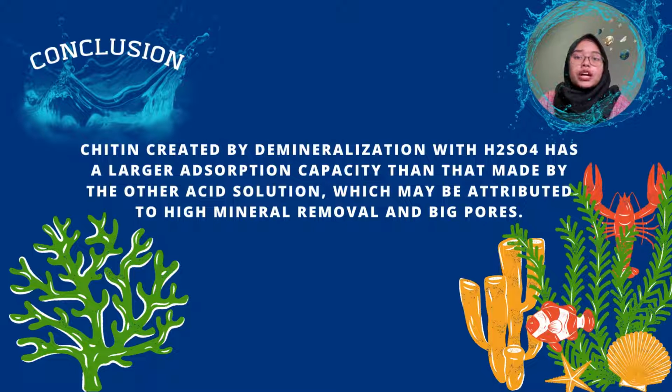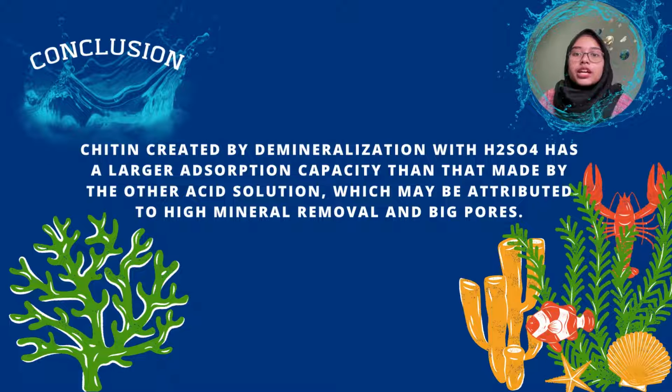The adsorption of RBBR onto the chitin surface demonstrated that increasing the initial dye concentration resulted in a decrease in dye removal percentage and an increase in adsorption capacity, which is connected to the driving force between adsorbate and adsorbent. The Freundlich adsorption isotherm was discovered to accurately describe the adsorption of RBBR onto the surface of the extracted chitin.